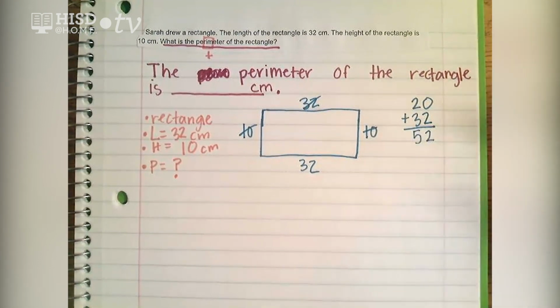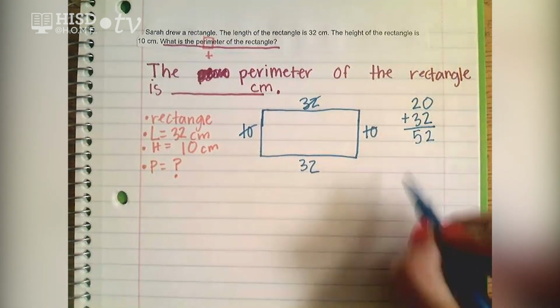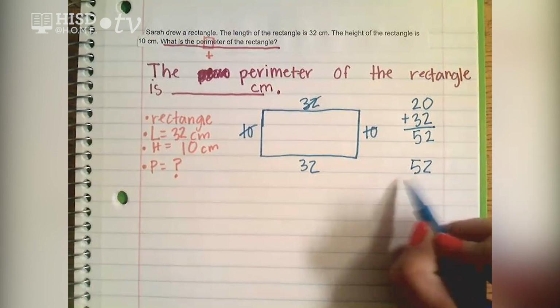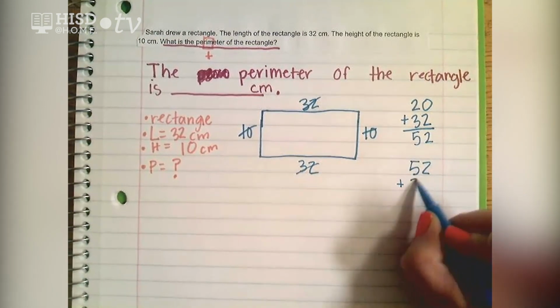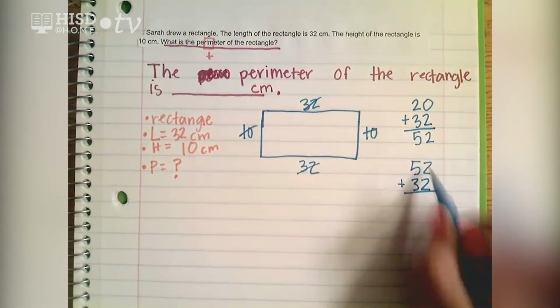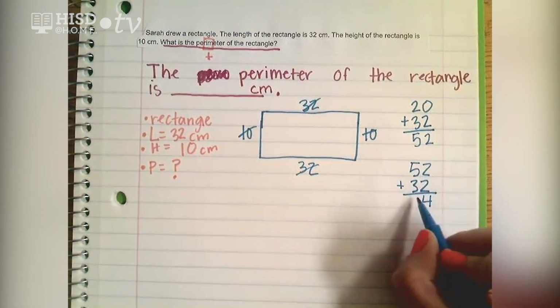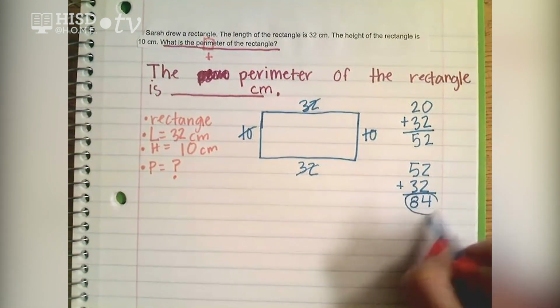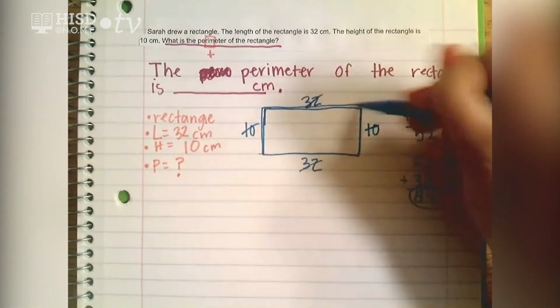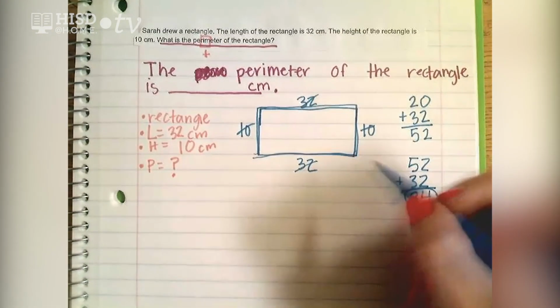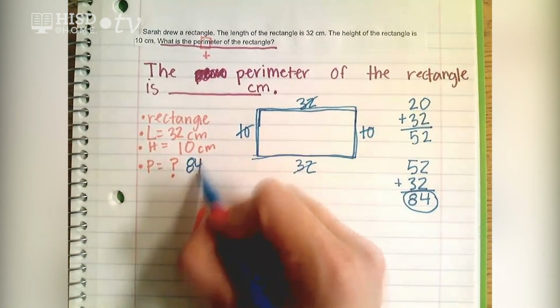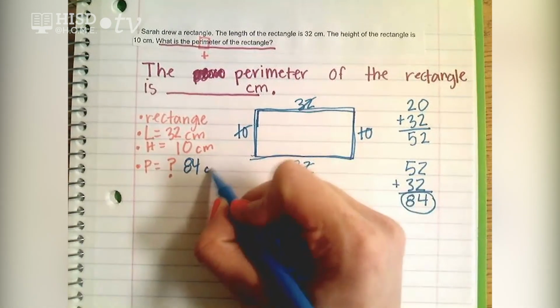So I have 52. Now I'm going to add 52 plus this last 32 to get my perimeter. 2 plus 2 is 4. 5 plus 3 is 8. So the perimeter around this rectangle is 84 centimeters.